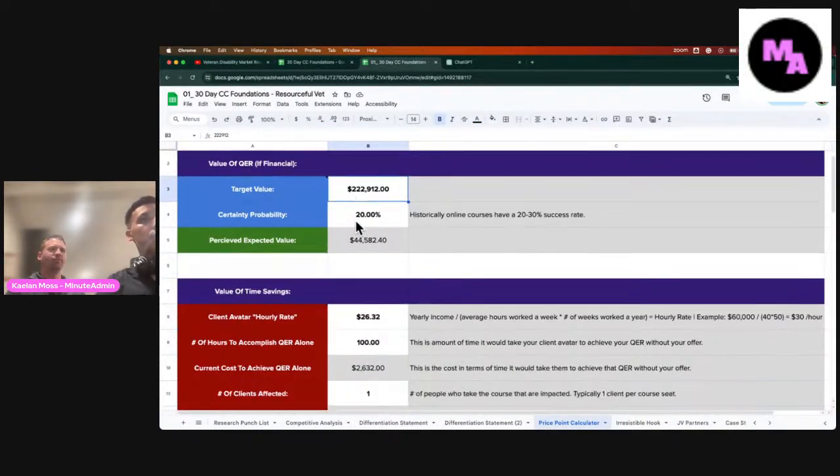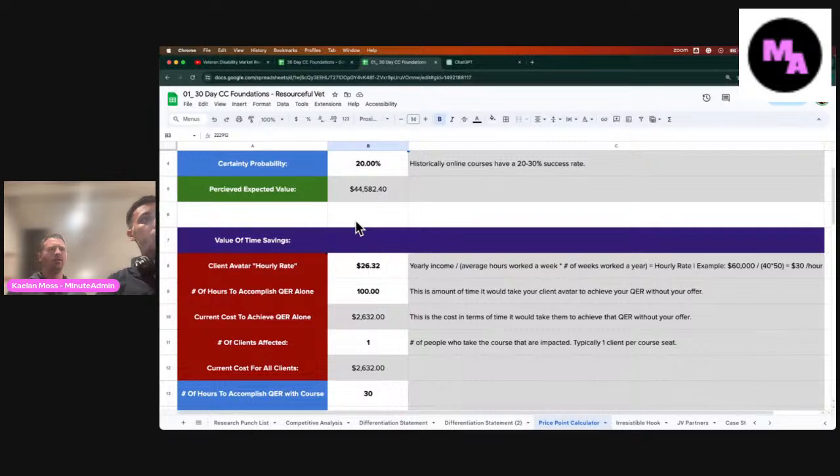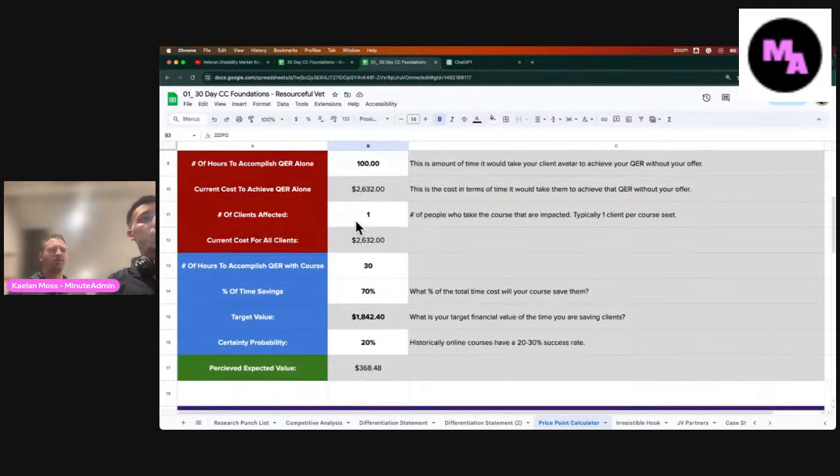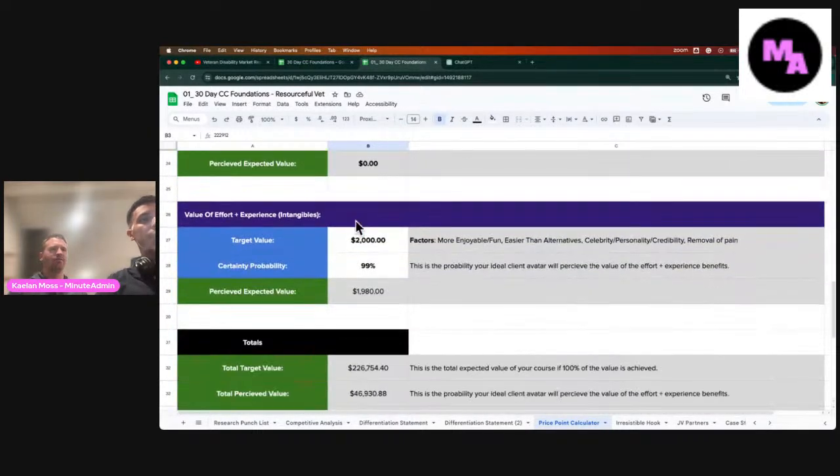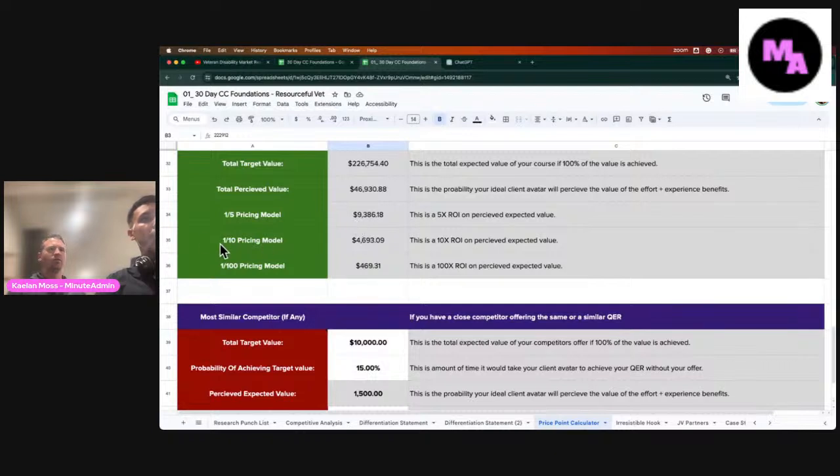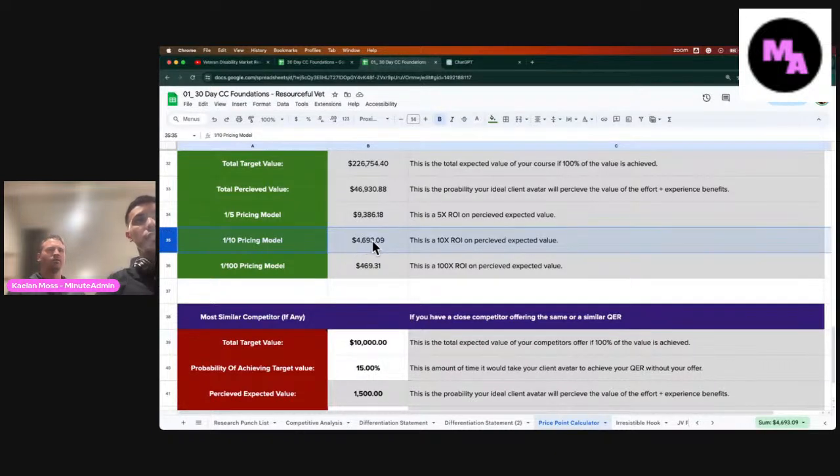Yeah, absolutely. It's going to pay for itself in its entirety. So while they might pay $4,600 or $4,700 for the course, it doesn't really matter, because their first paycheck is going to pay for that.